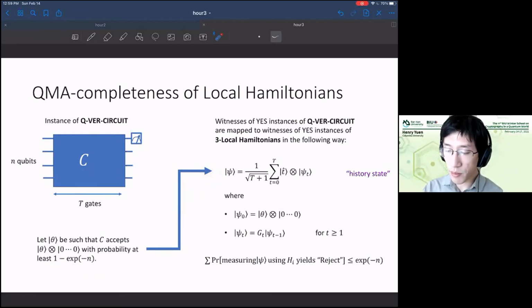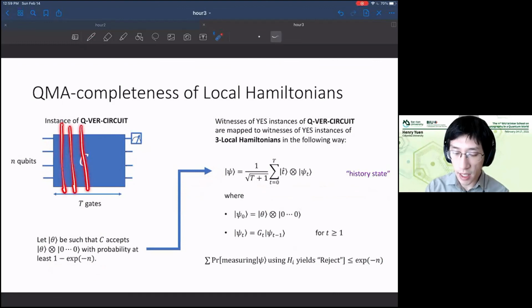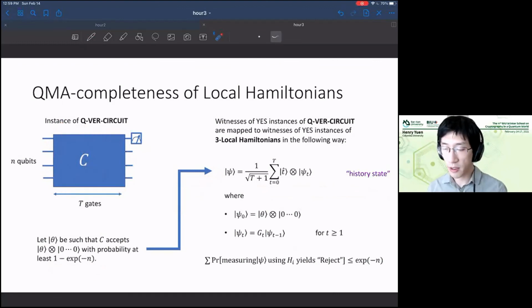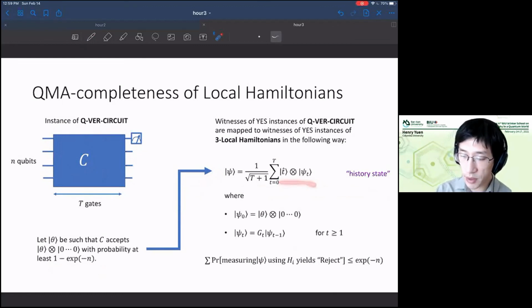Then the corresponding state psi that's accepted by these 3-local measurements will be something called a history state. This history state is like the quantum version of the Cook-Levin tableau. It has a snapshot of the intermediate states of this verifier circuit. So it's a uniform superposition over all time steps of this verifier circuit.